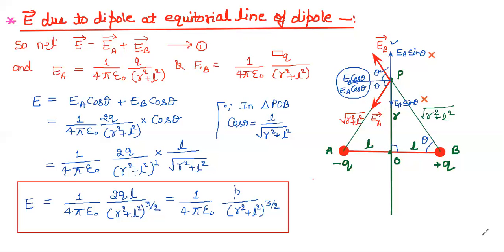Okay, now this is only the magnitude. Equation number 2 gives only the magnitude. Okay, now let's see about the direction, and we will also manipulate this equation. Since L is very much less than R, L square will also be very much less than R square.